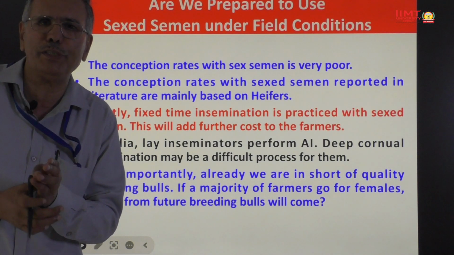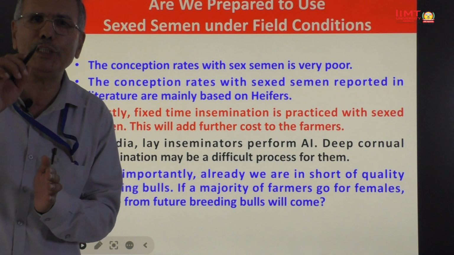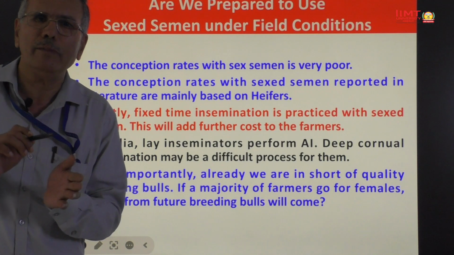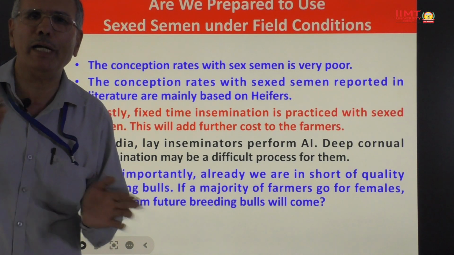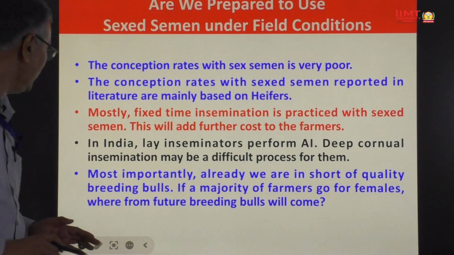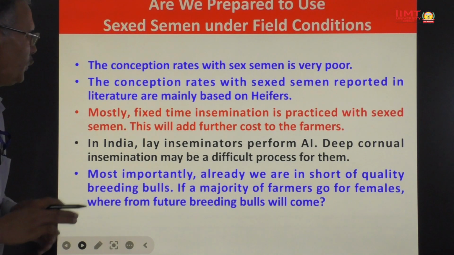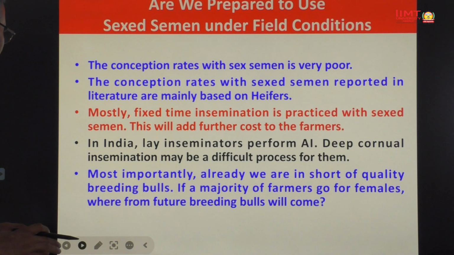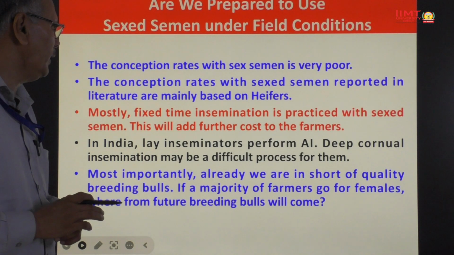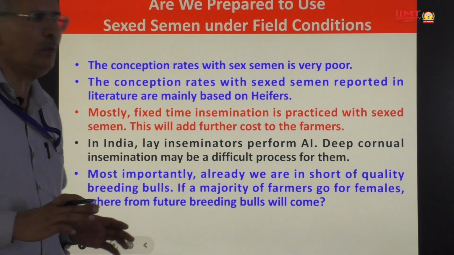But in case of sexed semen, AI is done by depositing the semen deep into the horn, and passing the insemination gun there by a lay inseminator is very difficult. The most important point is, already we are short of quality breeding bulls. If the majority of farmers go for female, where will future breeding bulls come from?